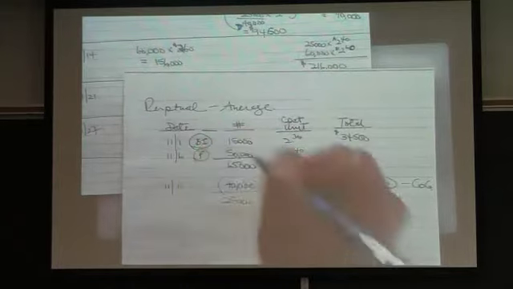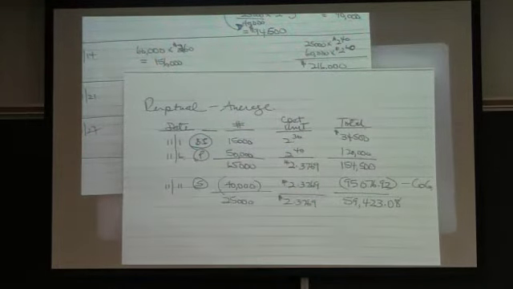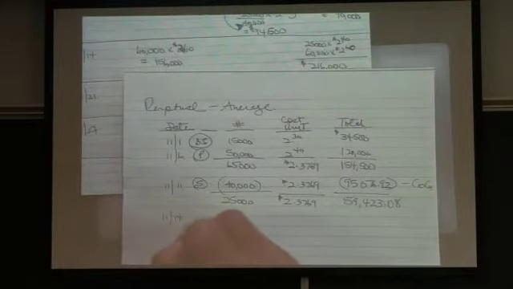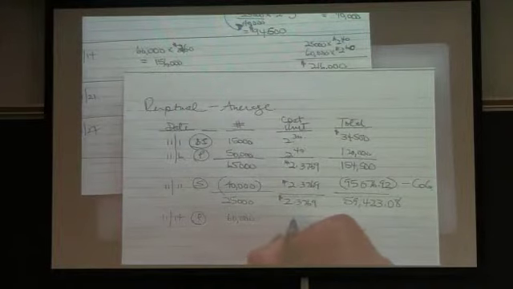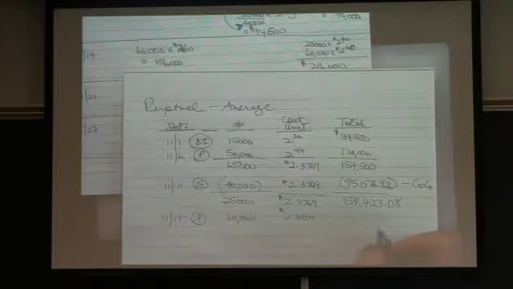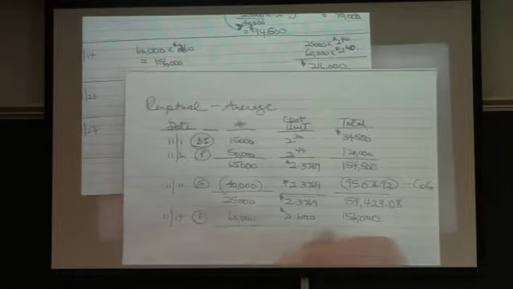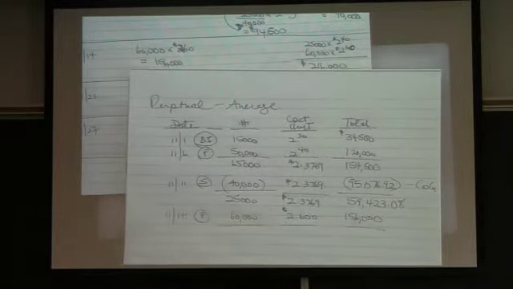So every time there's a sale and a purchase, this is the beginning inventory, this is a purchase, this is a sale, and now I have another purchase on the 14th. This time we purchased 60,000 units at $2.60. Again, I need to recalculate the new average.